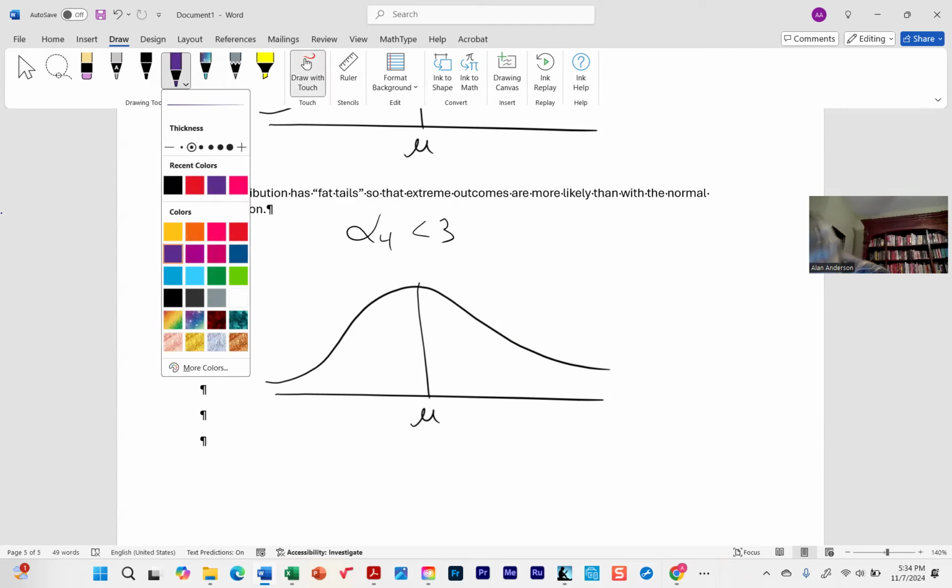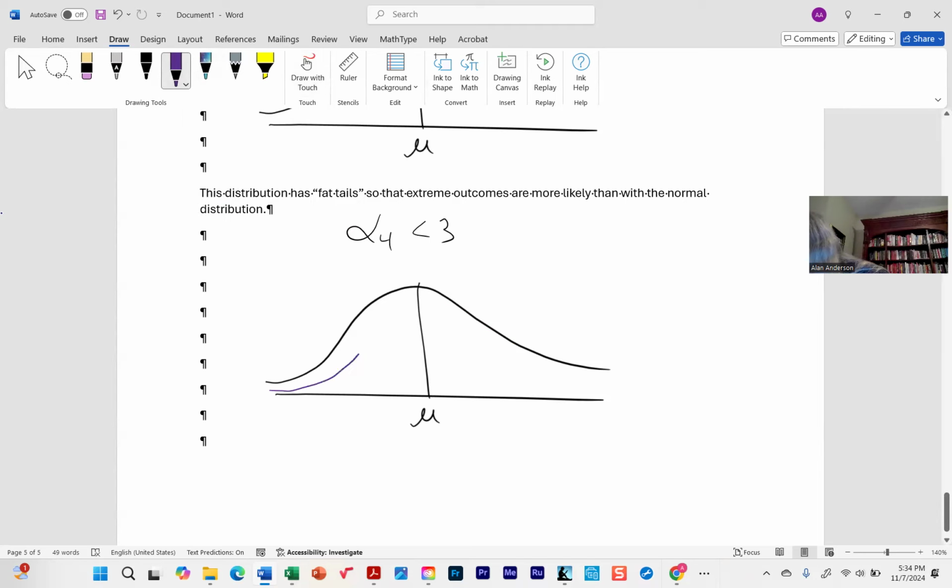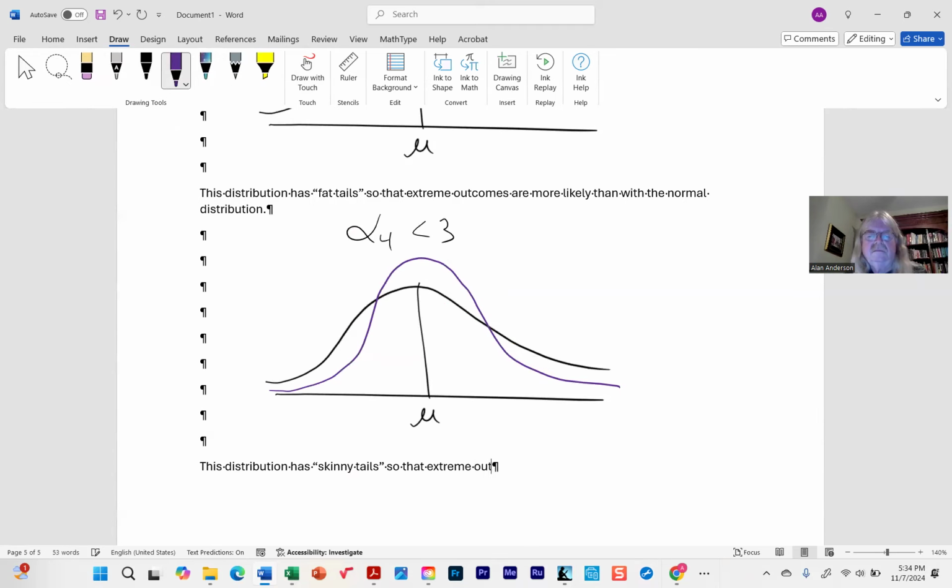Skinny, which means there's less in the tails and more in the center. Okay, well, I can live with that. You get the idea, I hope. So extreme outcomes are less likely than with the normal distribution.